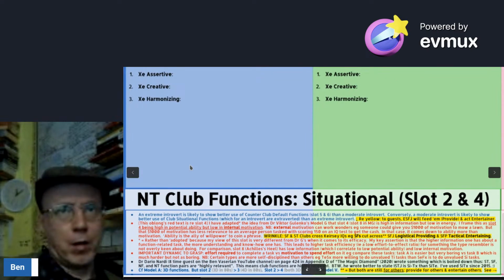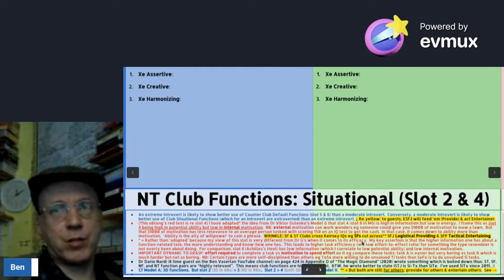Rather than adopted, I adapted it, because my view is that this slot is very different from Dr. G's when it comes to efficacy.